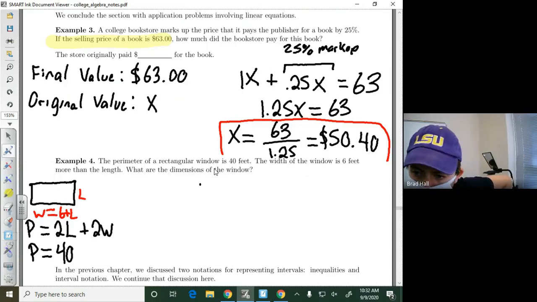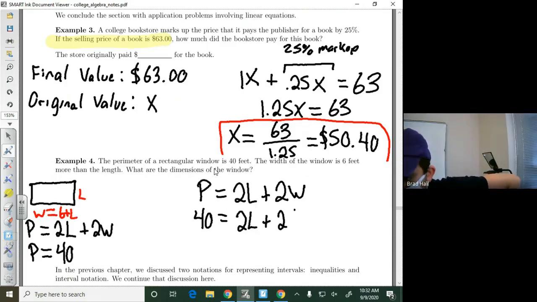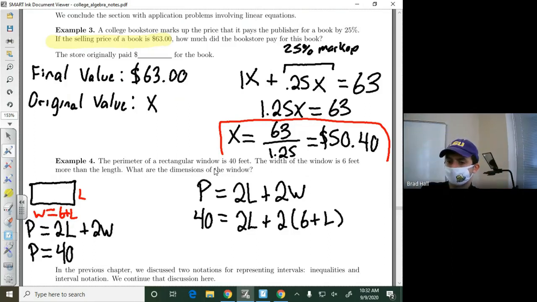So if we take that perimeter formula that we had, well, we know that the perimeter in total is 40. And we know that the width, well, we can get rid of one variable by exchanging the W with 6 plus L. Because we know that the width is 6 plus the length.